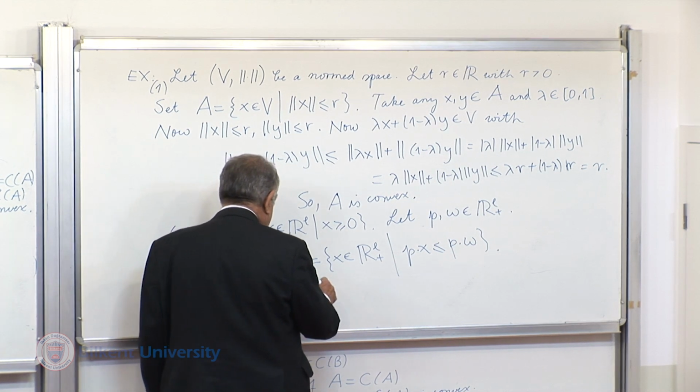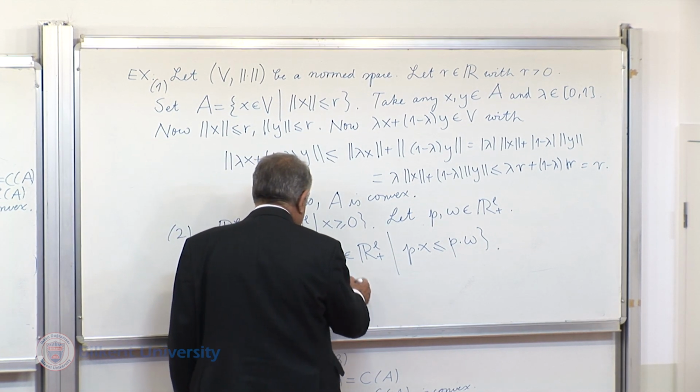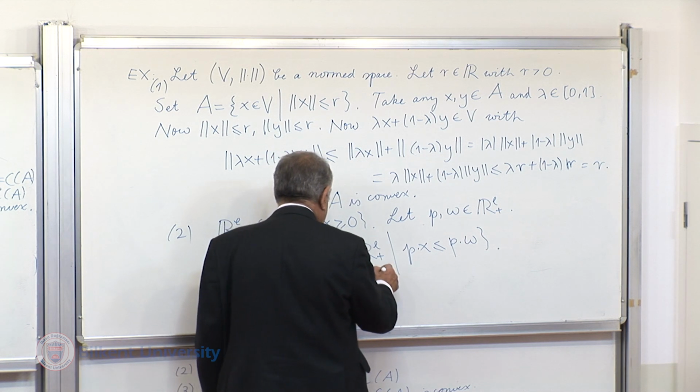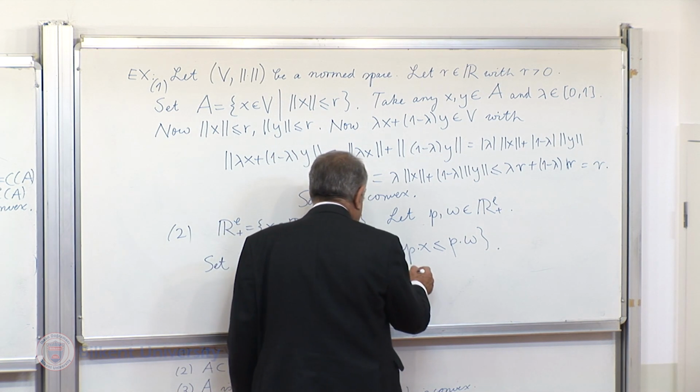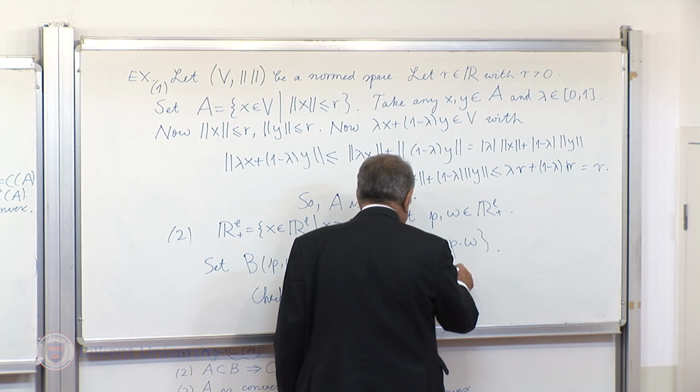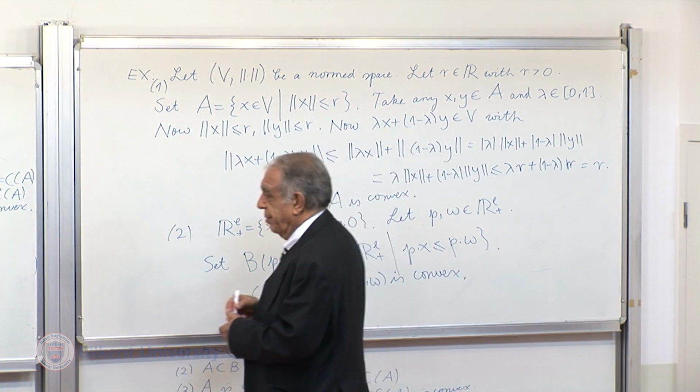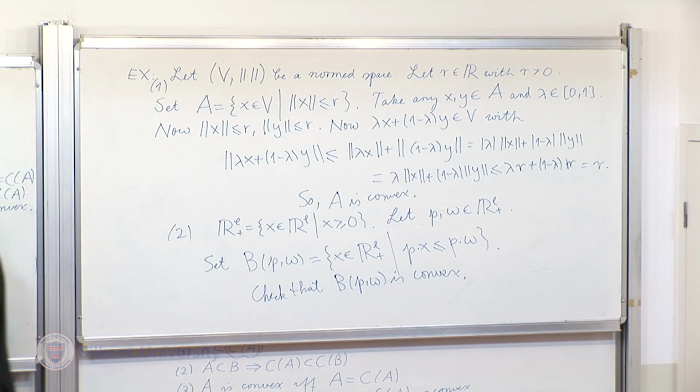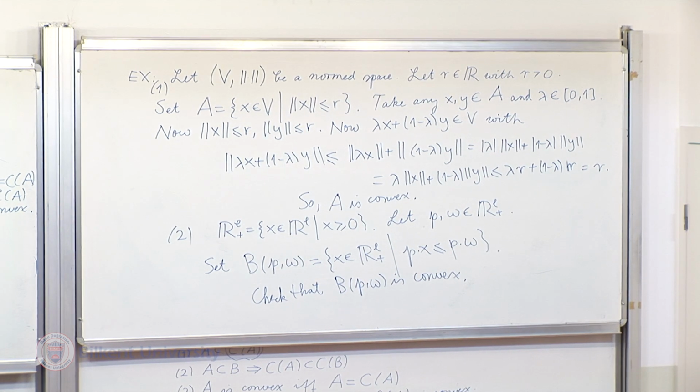Check that B(P, omega) is convex. Okay, so much about convex sets for the time being. Now let's pass to concave and convex functions.